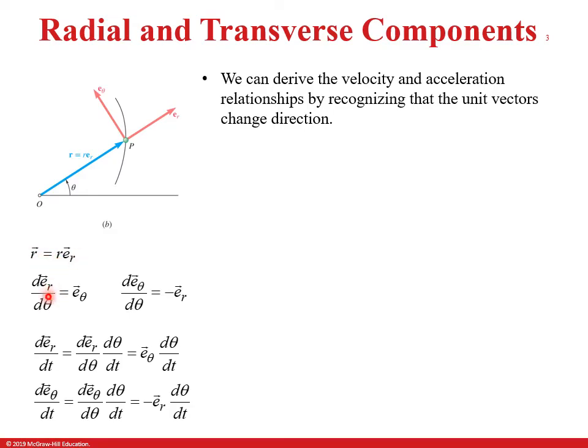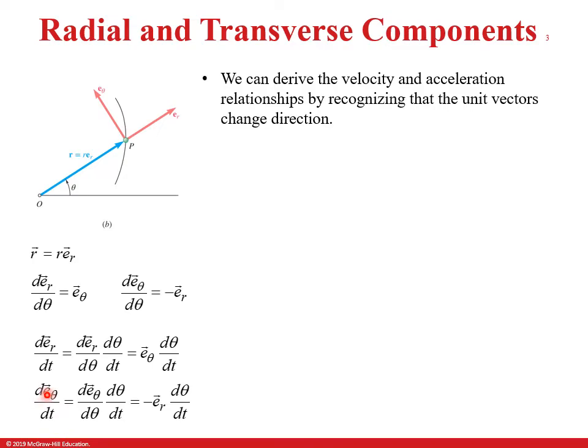The derivative of E sub r with respect to theta equals E theta, and the derivative of E theta with respect to theta equals negative E sub r, so that would be in this direction. dE sub r/dt equals dE sub r/d theta times d theta/dt equals E theta times d theta/dt.